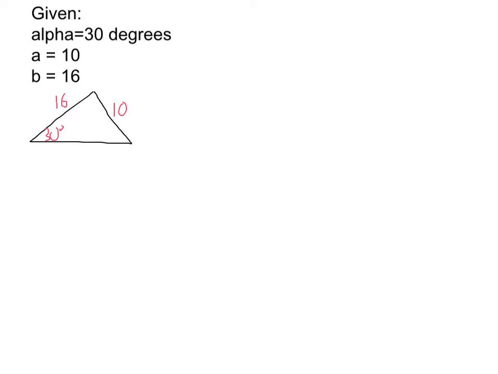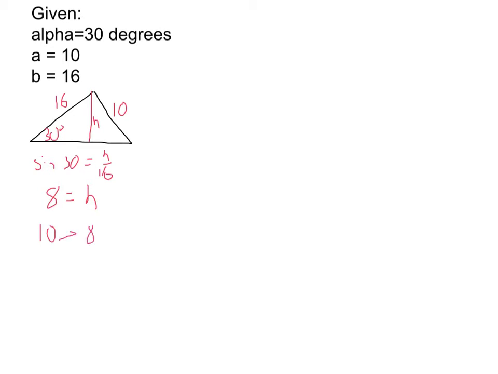Since two of the three pieces here are the same, my problem's going to work out pretty similar. I need to look at h, which will again be the same as it was in the last problem. Sine of 30 is equal to h over 16. 8 is going to be my height, and in this case 10 is bigger than 8.